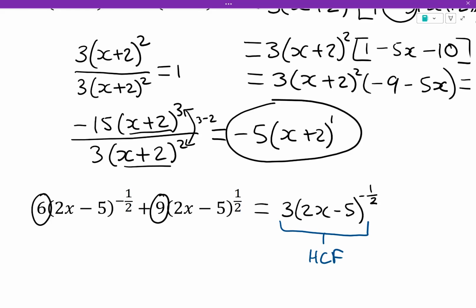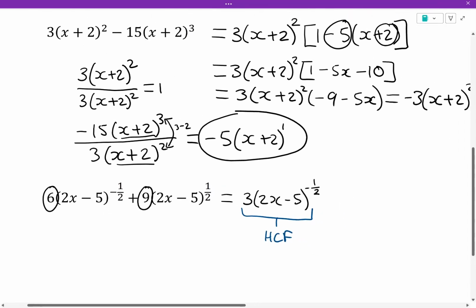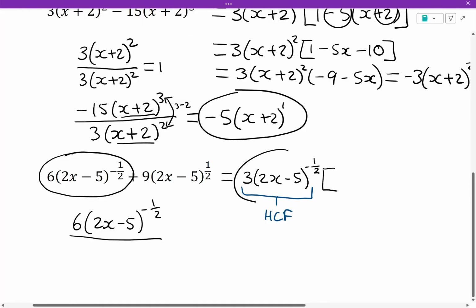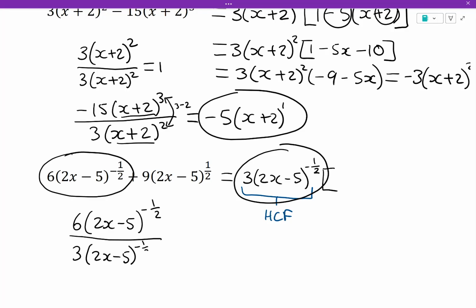Then once we've got our highest common factor, we open our brackets. We're going to write square brackets because it's going to get a little bit messy. What I'm going to do now is divide both of my original terms in the expression I was asked to factorize by our highest common factor. So let's write our calculations out. It's this term here divided by our highest common factor, which is over here: 3 lots of 2x subtract 5 to the negative a half.